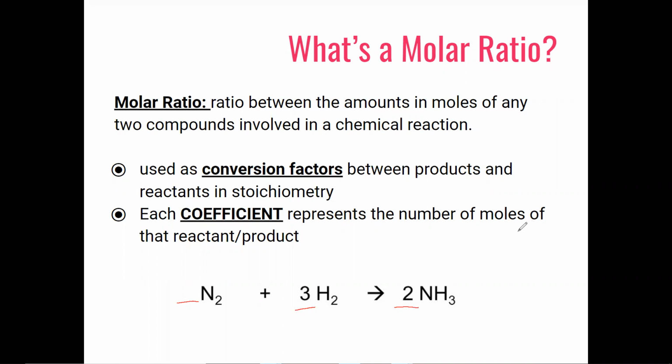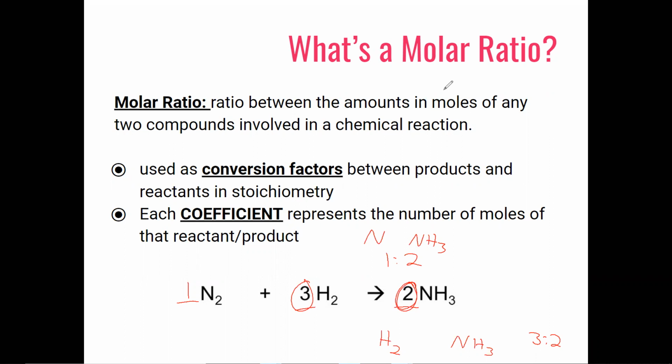So if I wanted to know the ratio of nitrogen to ammonia, you would tell me that that is a 1:2 relationship because I have 1 mole of nitrogen for every 2 moles of ammonia. If I wanted to know the ratio of hydrogen gas to ammonia, you would tell me that that is a 3:2 relationship because for every 3 moles of hydrogen gas used, 2 moles of ammonia are produced.